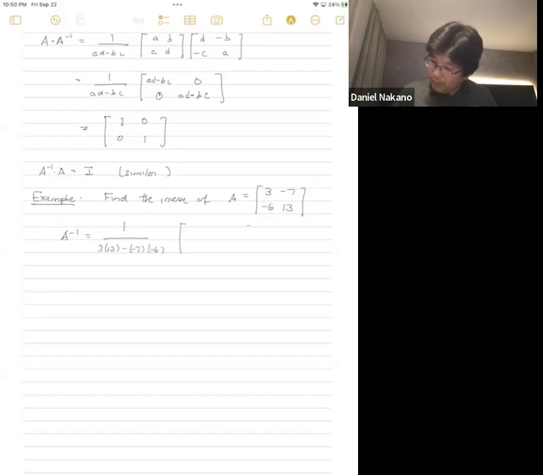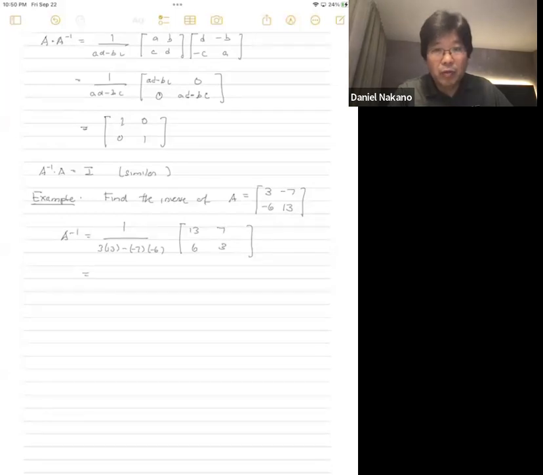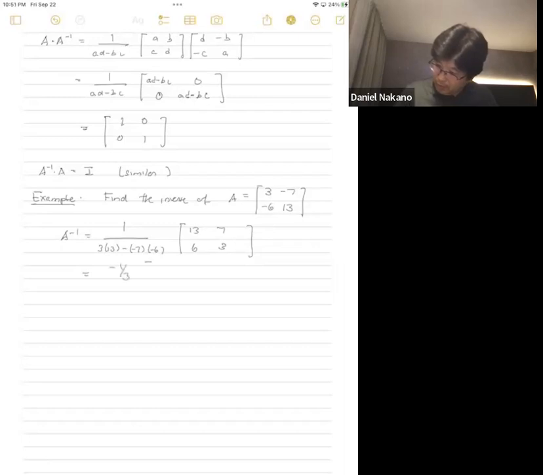Then I reverse A and D, and I negate the B and C entries. So that's 7, 6. And then you get 1 over 39 plus, actually minus 42. So that's minus 3, so that's minus a third times this.